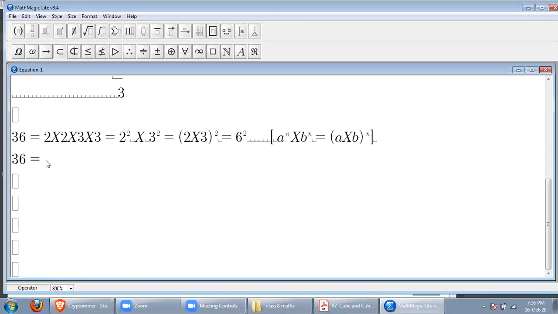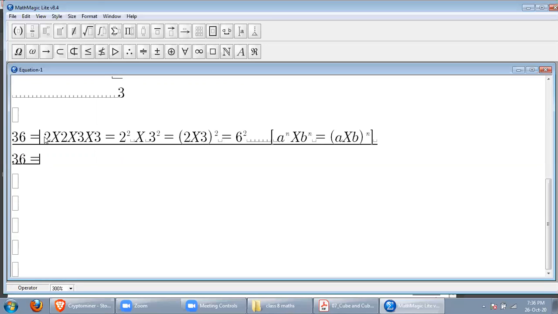So now, how do you determine the factors of 36, like 1, 2, 3, 4, 6, 9, 12, 18, 36? You can find them with the help of this expression of a given number as a product of its prime factors.